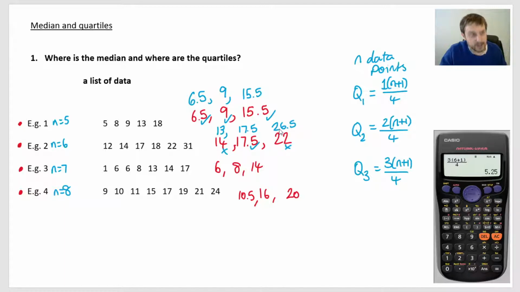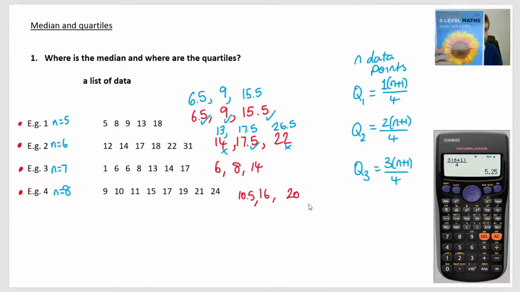Now, the reason I'm pointing this out is because most people learn to work out the quartiles from GCSE, from the method of: split the data in half with the median, go to the lower half, go to the upper half, and work out the medians there, right? And if you do that, you get 14 and 22.